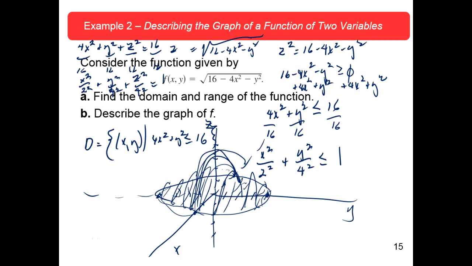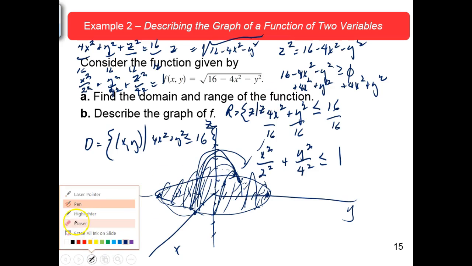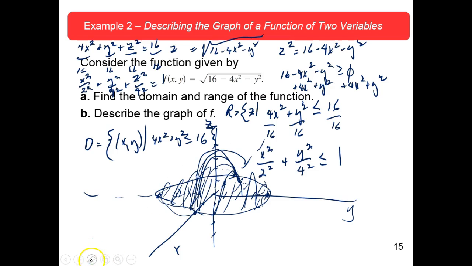Describe the graph. Hopefully I just described it to you. The domain is everything inside or on the ellipse that I drew there, and the range is positive real numbers up to 4. Can't go any higher than 4. I guess I didn't say that. The range is the set of all z values such that 0 is less than or equal to z is less than or equal to 4.